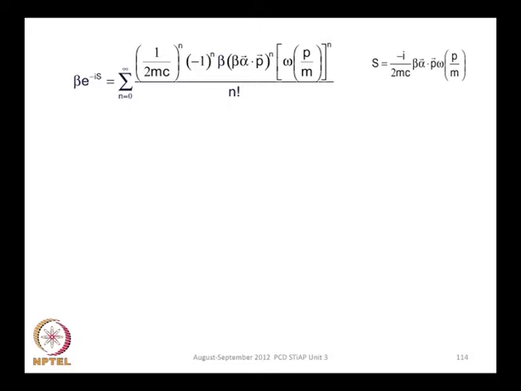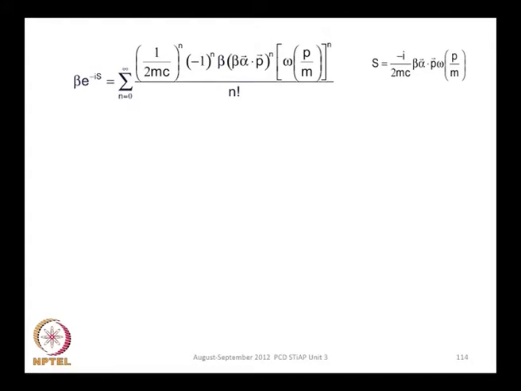Now this is the identity that one can use. You can easily establish this by simply using the explicit form of the beta and alpha matrices. It is a very simple block diagonal structure. So you can carry out the matrix multiplication, and you will find that this operator to the power n is the same as -1 to the n beta alpha dot p to the n, and then there is a beta which sticks out.